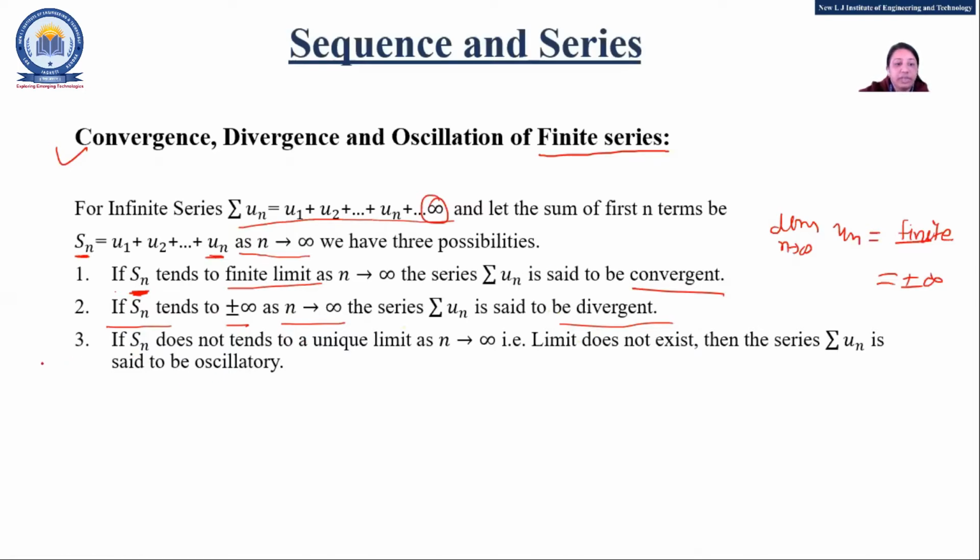Now the third one, same as a sequence: if n tends to infinity and the limit you get is not a unique one, for example plus or minus 1, or the limit does not exist, then we can say it's an oscillatory series.